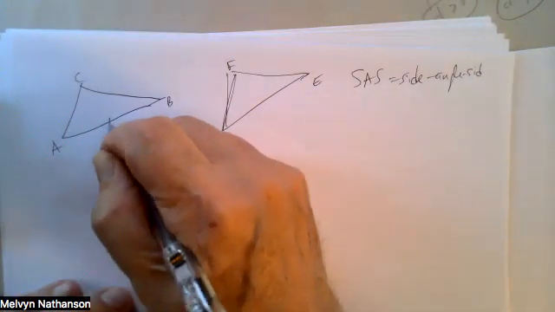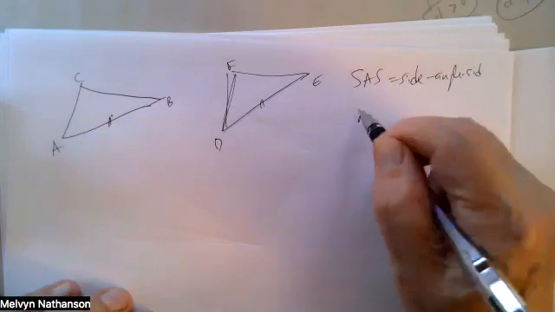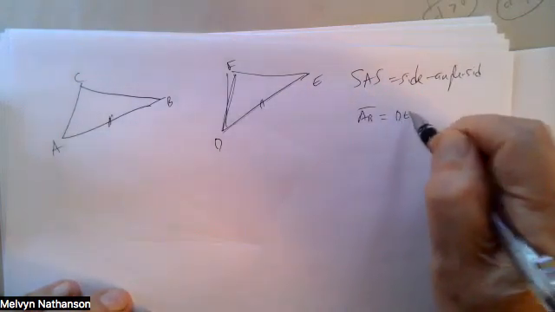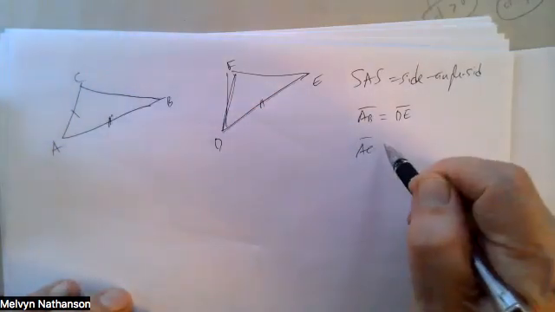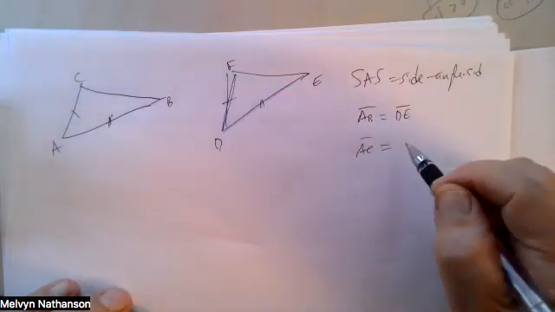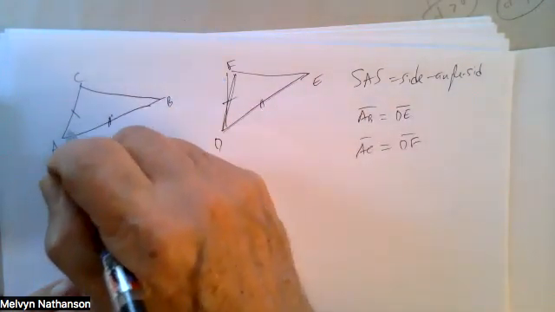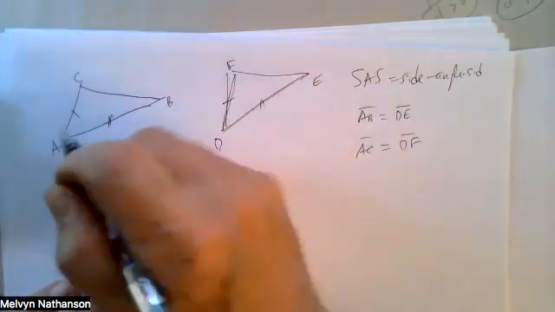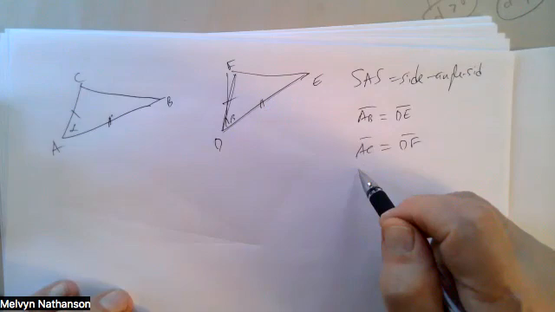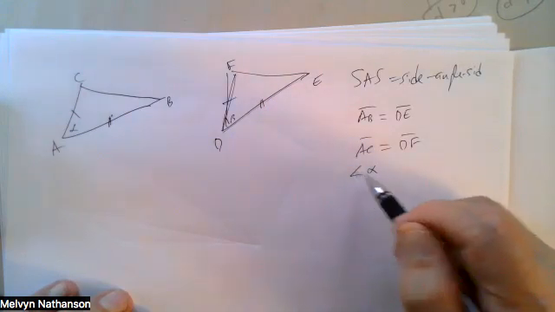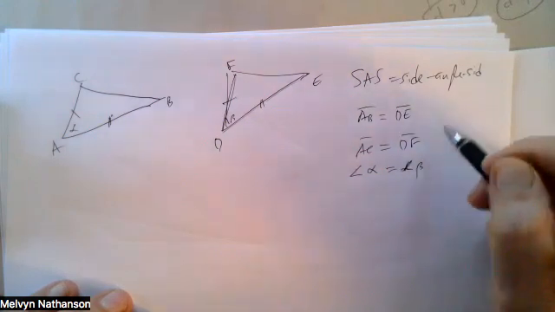So if the side AB has the same length as the side DE, and if this second side AC has the same length as this second side DF, and if this angle, let me call it alpha and beta, if the angle alpha, this just means angle, equals the angle beta.